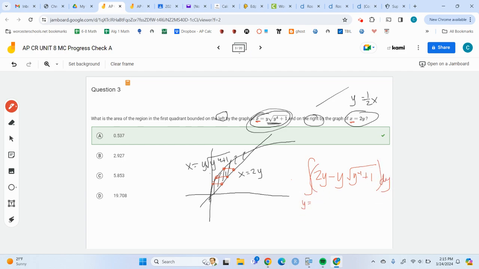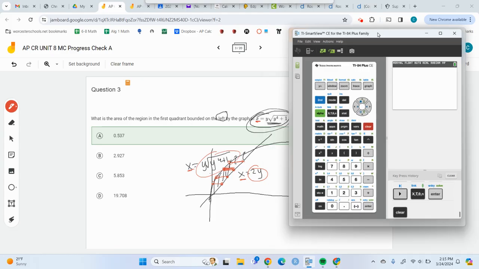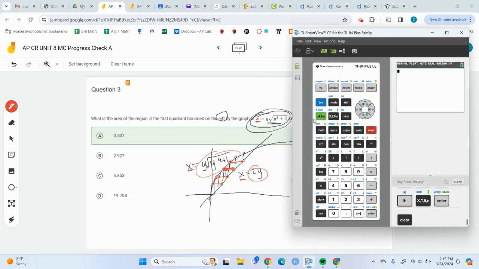The only thing we have to figure out is, where do these two things intersect? And remember, to find the distance of a horizontal line segment, you subtract x values. These are already solved for x, so I'm solving what x equals. I think the hardest part of this problem, once you figure out what this looks like, is figuring out the intersection points. So here we go.